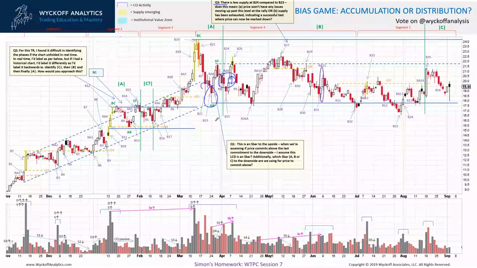Well, interesting. Okay, so we're looking at the supply here at B23 and comparing it to B24. Oh, Simon is saying B27 to B26. Okay, so let's retake this. Okay, B26 to B27. Okay, got it.